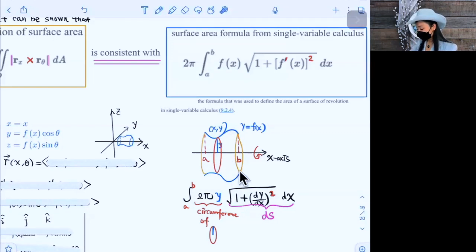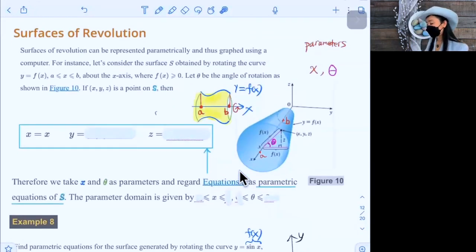Okay, now go back to this. Now this one over here is actually the surface of revolution. Now let's think about you revolve this y equal to f of x and revolve that way.